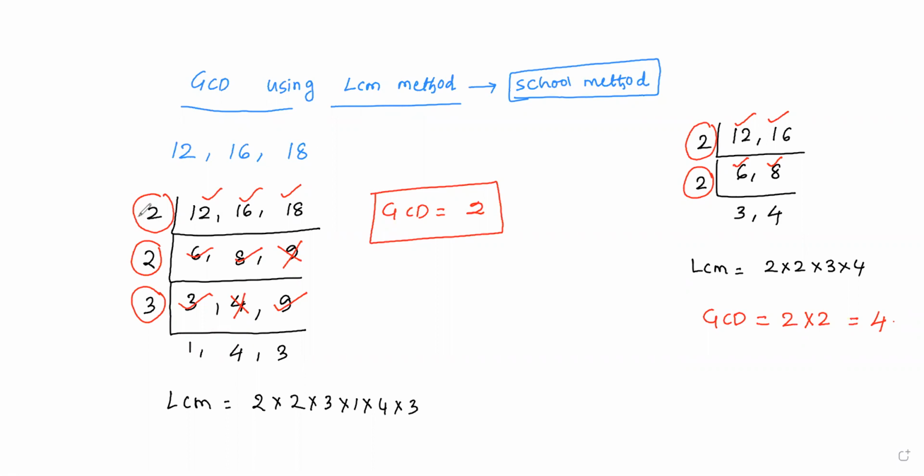Whatever divisor you take, that divisor must divide each and every number. Then we consider that number in the GCD part. Extra numbers, if there are any, we ignore, and then we multiply. After multiplication, whatever answer we get will be the final GCD of the given numbers. I hope you understand. Am I right?